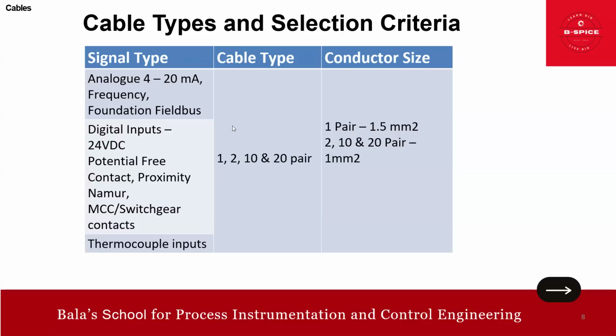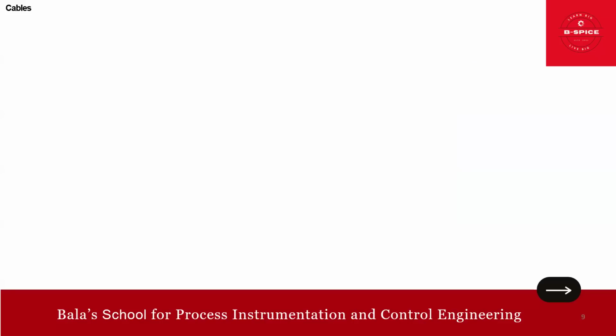All we can use 1, 2, 10 and 20 pair. This is just to optimize or standardize. For the cable size, single pair we can go for 1.5 mm square, and 2, 10 and 20 pair we can go for 1 mm square. So this is about the cable type and the conductor size. This is all general outline, friends. I just want to give you some insights.